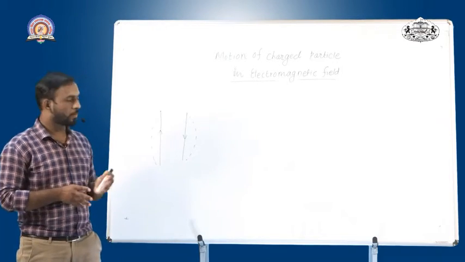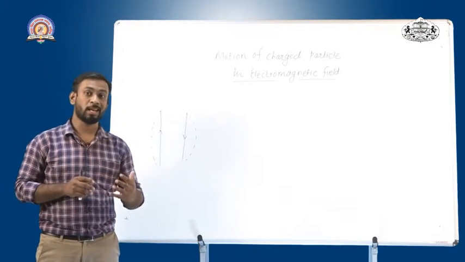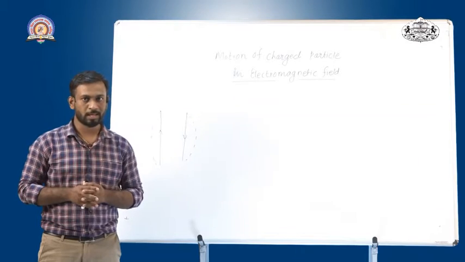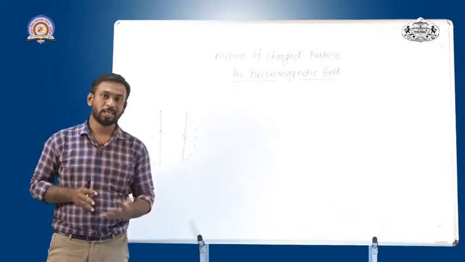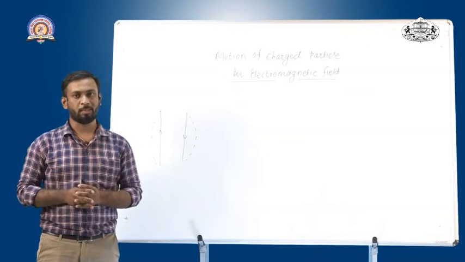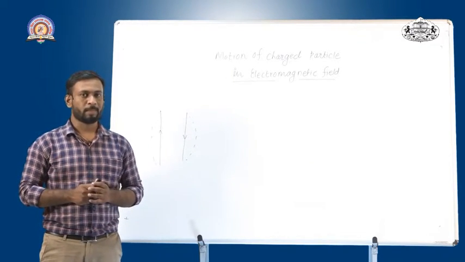So let us study step by step. Before going into the detail of how the electric field affects the motion of a charged particle, let us collect the mathematical tools and laws we can apply to such motion.